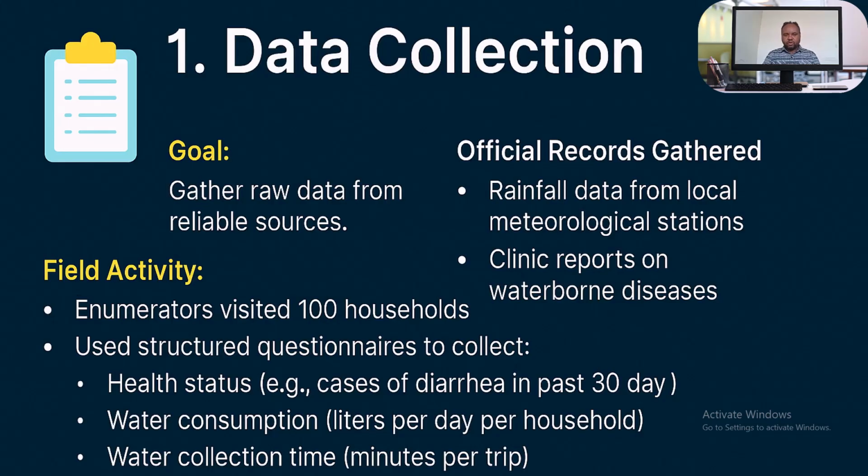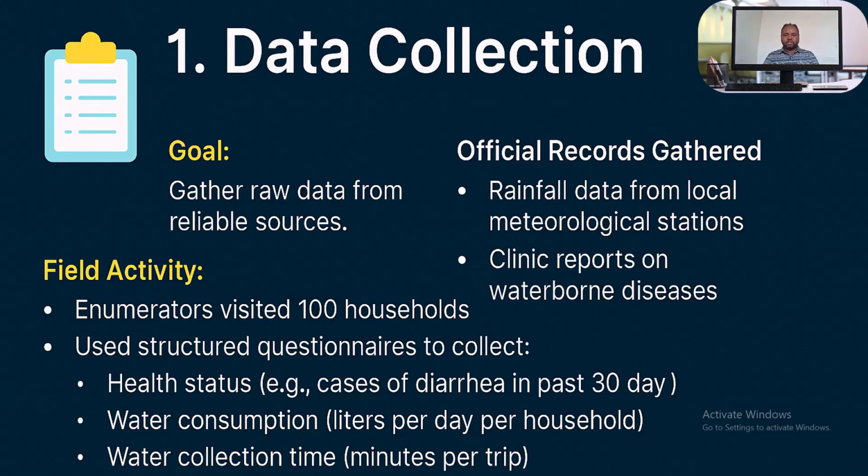These enumerators used structured questionnaires to collect health status such as cases of diarrhea in the past 30 days, water consumption in liters per day per household, water collection time in minutes per trip, and something related else. And official records were gathered, such as rainfall records from local meteorological stations and clinic reports on waterborne diseases.